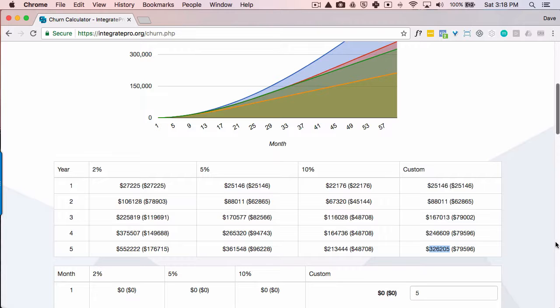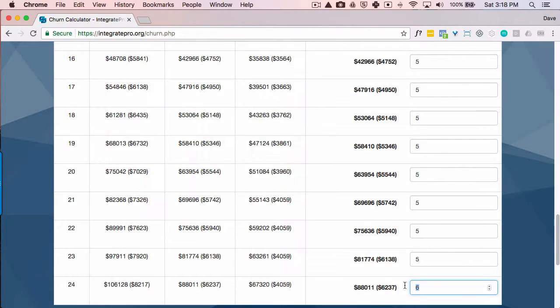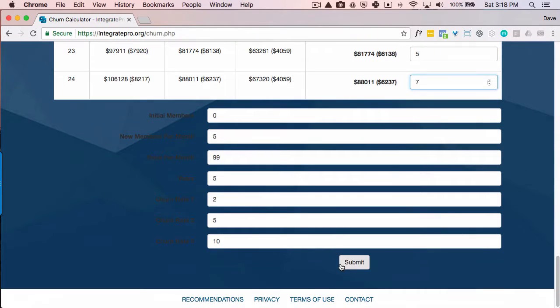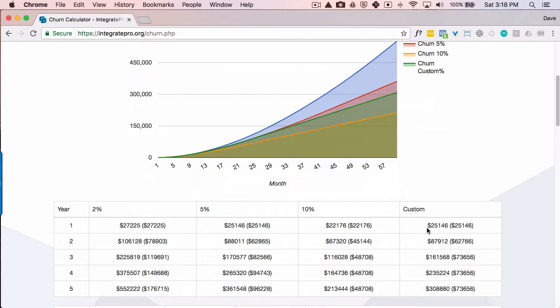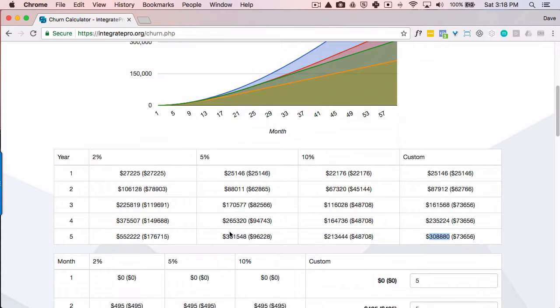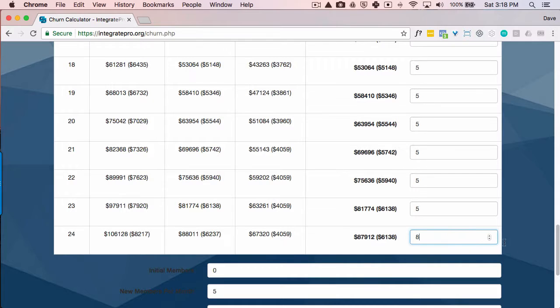So almost $40,000. Let's put this at 7%. So now there's a $60,000 difference. 8%.